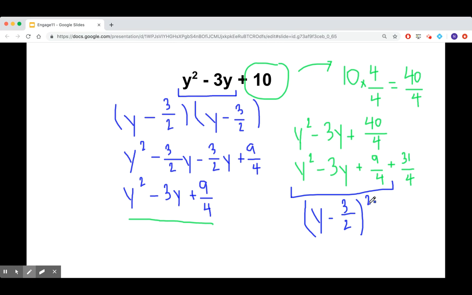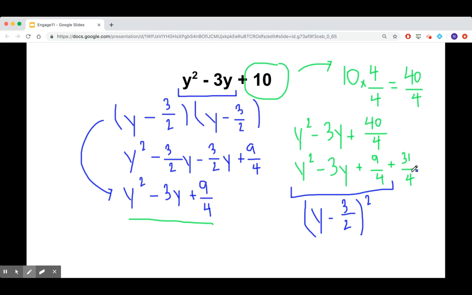And if you're a little confused about where I got that from, remember back when we took y minus 3 over 2 times y minus 3 over 2, which is of course the same thing as y minus 3 over 2 squared.